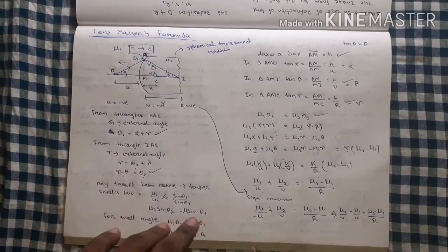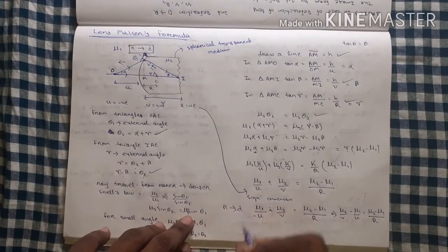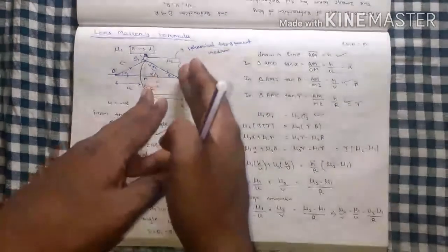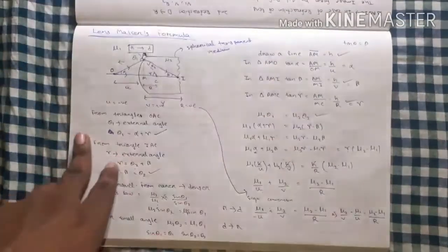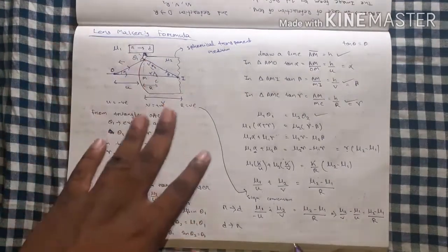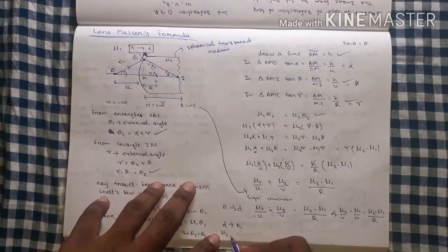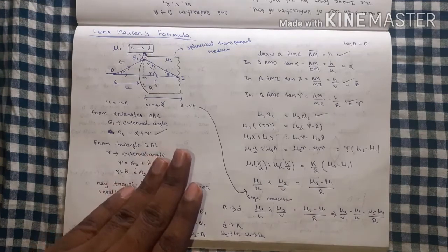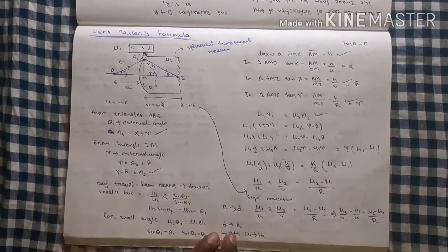Okay. If it is denser to rarer, consider the light traveling from this side, then what will be the formula? Nothing to worry about. What do you have to do? In place of mu 2 replace mu 1, and in place of mu 1 replace mu 2. Nothing else to change, only replace the places.